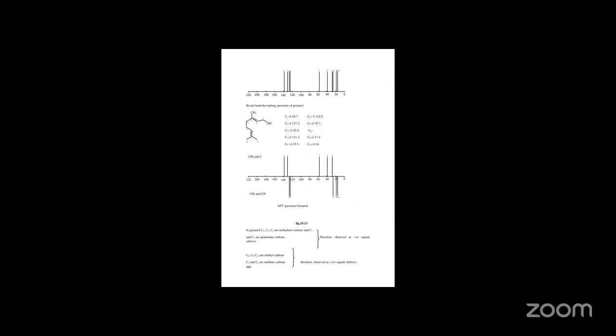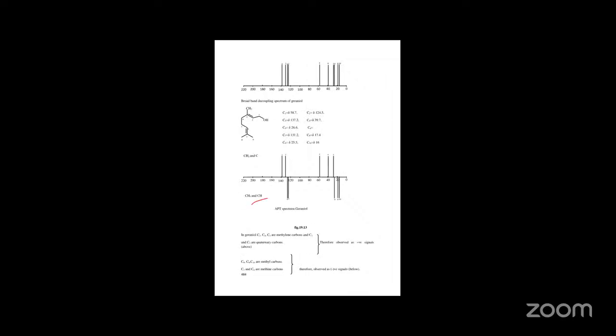But in the APT spectrum of geraniol, the CH3 and CH carbons lie in the negative phase, and CH2 and quaternary carbons appear in the above phase.